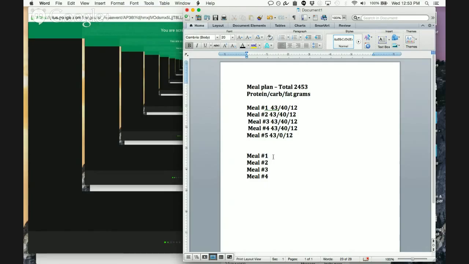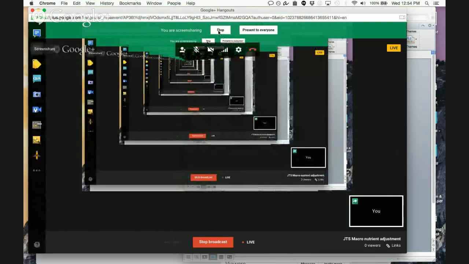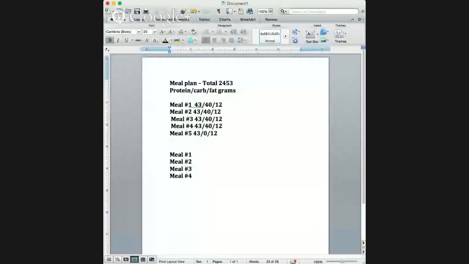So let's say you're drinking alcohol or something like that. Hold on, let me make this adjustment real quick just so you guys aren't seeing a ton of stuff. You can make this adjustment by simply redirecting some of your daily grams.